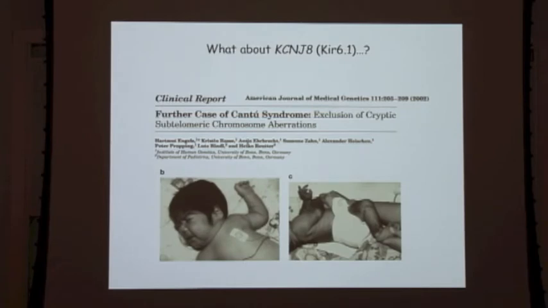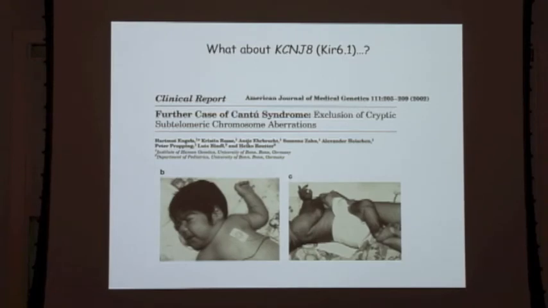So Kir6.2 cannot be generating the channel with SUR2. The logical subunit that would have to do that would be Kir6.1, for which we know of no disease, but that's the other canonical partner. So it should be that Kir6.1 will cause Cantu syndrome by the same mechanism.